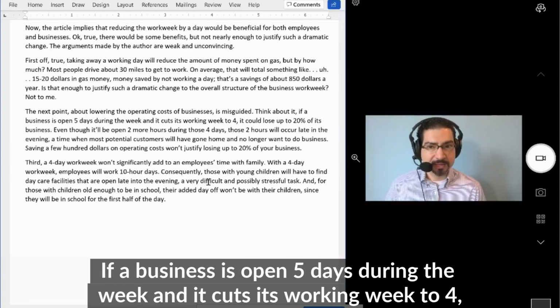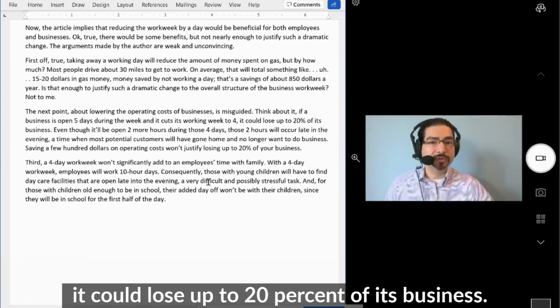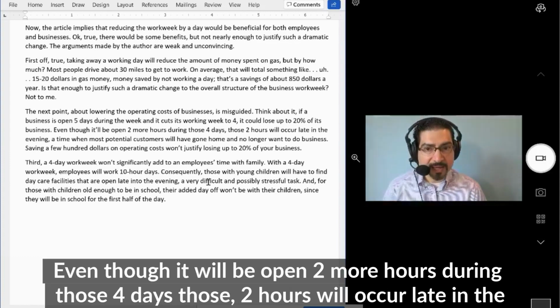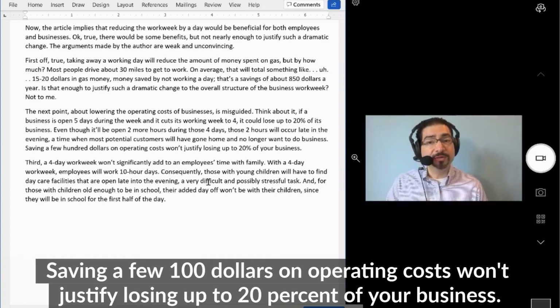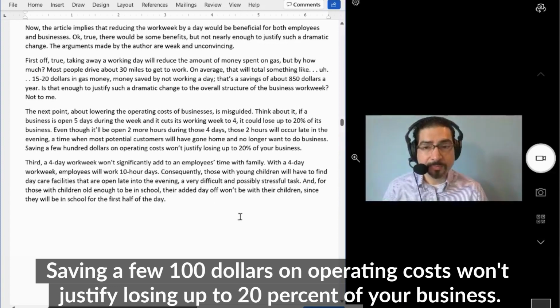The next point, about lowering the operating costs of businesses, is misguided. Think about it. If a business is open 5 days during the week and it cuts its working week to 4, it could lose up to 20% of its business, even though it'll be open 2 more hours during those 4 days. Those 2 hours will occur late in the evening, a time when most potential customers will have gone home and no longer want to do business. Saving a few $100s on operating costs won't justify losing up to 20% of your business.